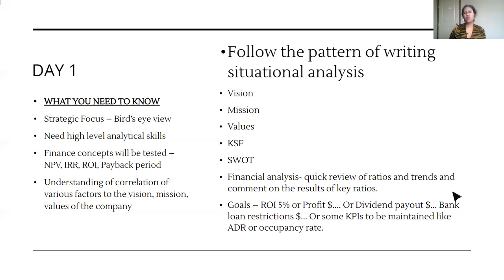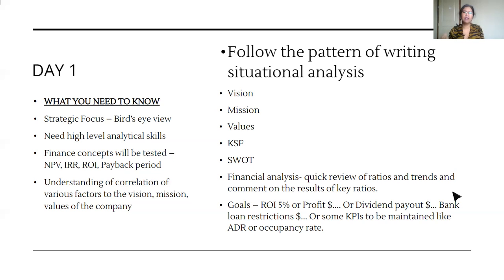And then there would be goals. The goals would be made clear from the discussions in the case, for example one of the board members says, okay, we want to invest only in those opportunities which will give us an ROI of 5% or this amount of specific profit. Or they have a target of, say, dividend payout: this year we haven't paid dividends for the last 5 years, so this year we want to pay dividends.